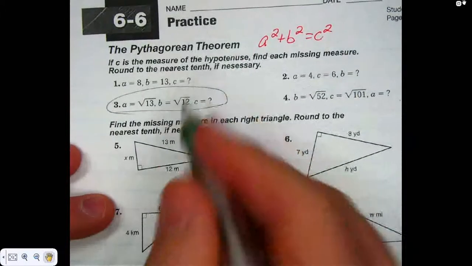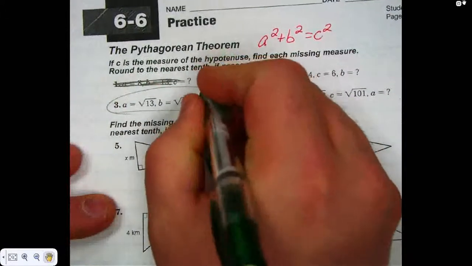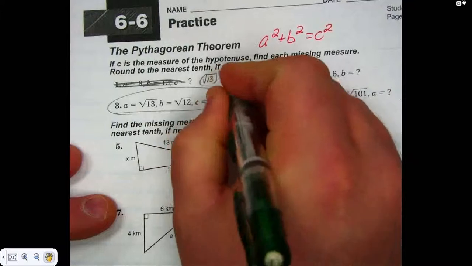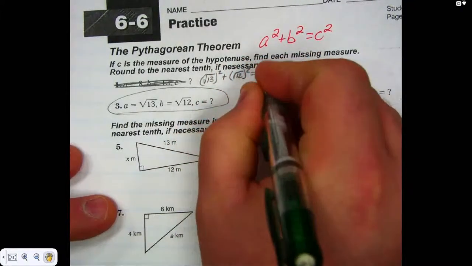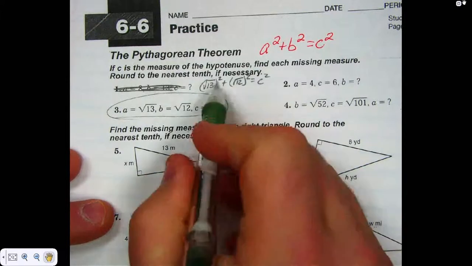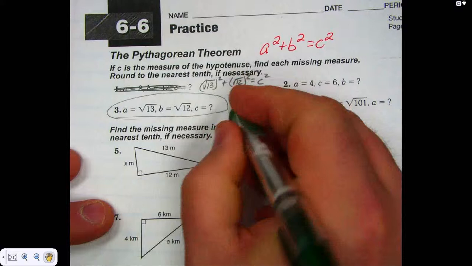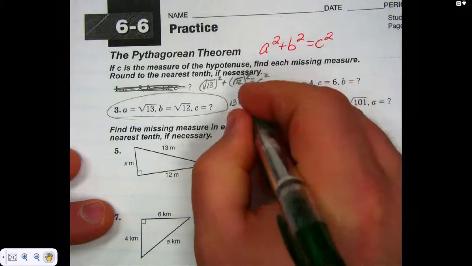When I put this into Pythagorean's theorem, what would I get? Square root of 13, what would I do with it? Plus square root of 12, what would I do with it? Is equal to what? C squared. Everybody okay there? Yeah. Now watch. What is the square root of 13 squared? The answer is 13, isn't it? Plus, what's the square root of 12 squared?